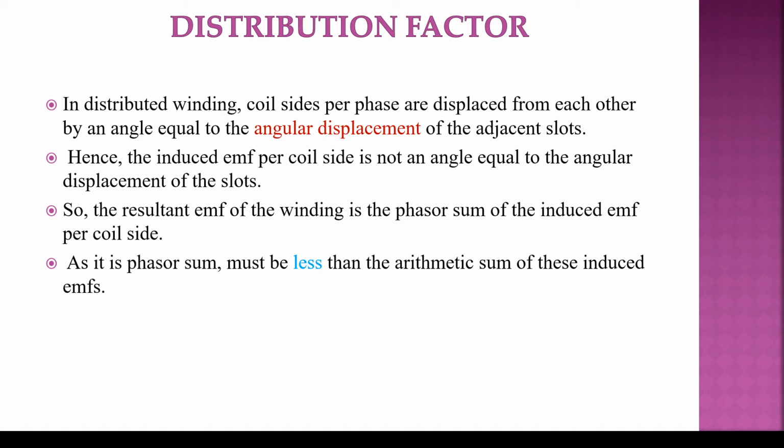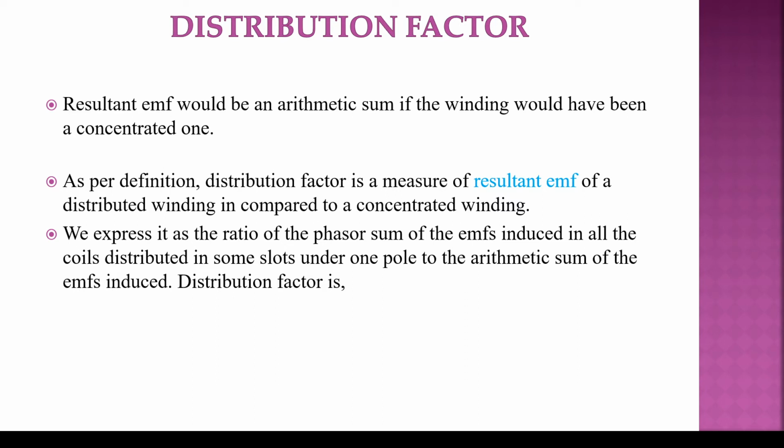So the EMF induced per coil side is not added arithmetically, but it is a phasor sum of the induced EMF per coil side. So the resultant EMF will be a phasor sum, so it should be less than the arithmetic sum of the induced EMFs. Already we have seen this. The resultant EMF will be the arithmetic sum only if the winding is concentrated.